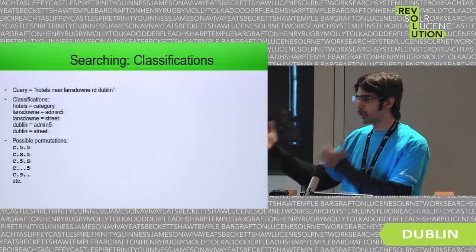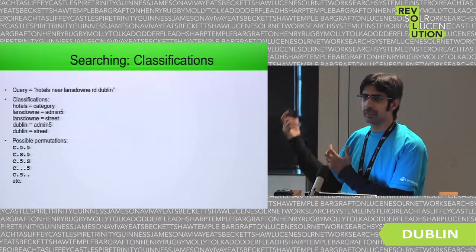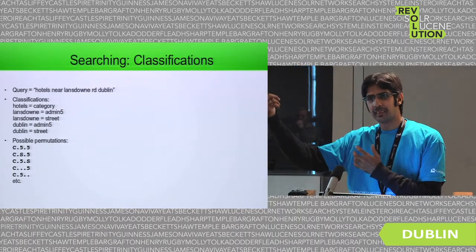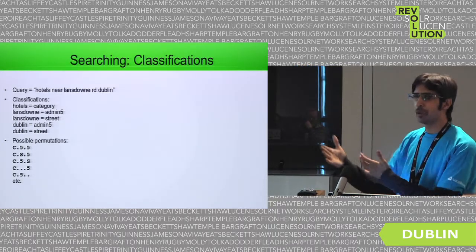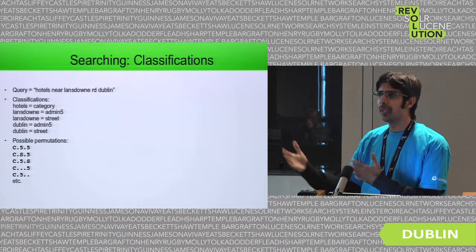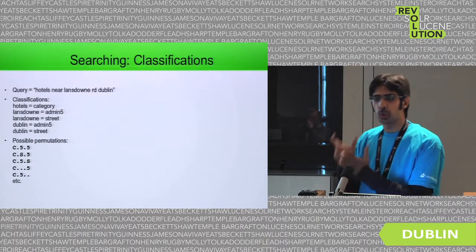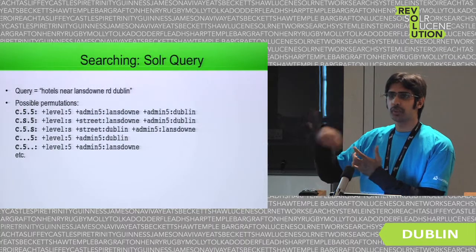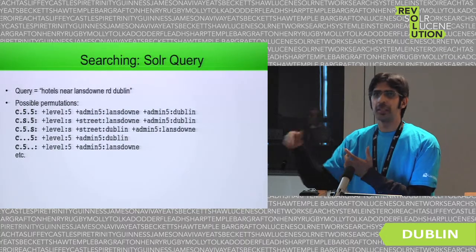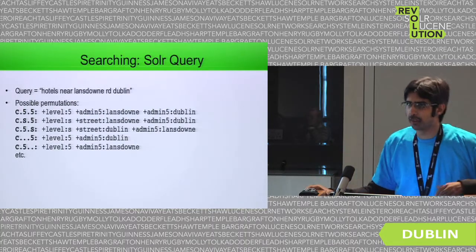The location of this query is Lansdowne, Dublin, and the search term is hotels. Once we identify what the location is and what the search term is, we can go around figuring out the geocode for the location and do a spatial search for that search term near that location.